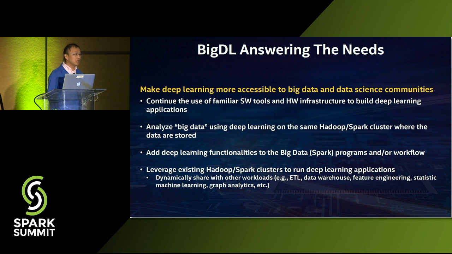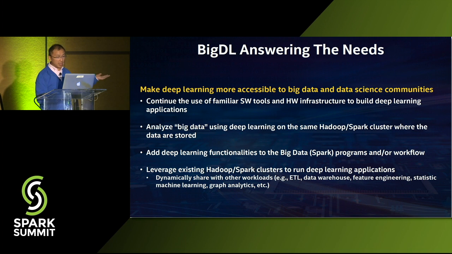In a lot of cases, your data is stored on a distributed file system like HDFS, distributed across thousands or maybe tens of thousands of servers. And when you perform deep learning on a separate dedicated cluster, you need to move the data from all those 10,000 nodes through the network, which becomes one of the largest bottlenecks for them.